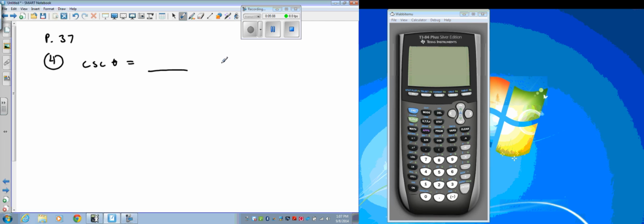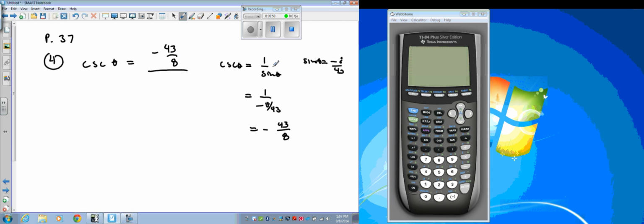Well, the identity we're going to use is cosecant theta is 1 over sine. And notice that sine theta is given to us as negative 8 over 43. So we just substitute in 1 over negative 8 over 43, and you invert, so it's negative 43 over 8.